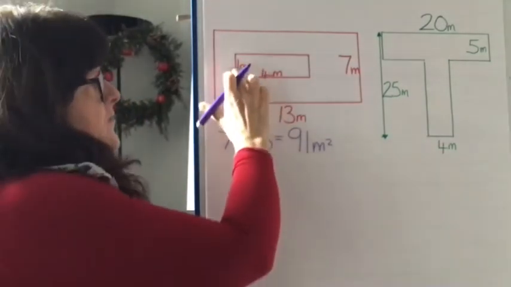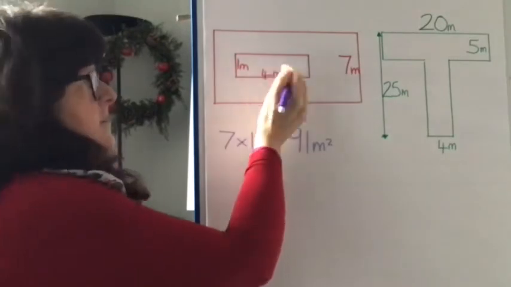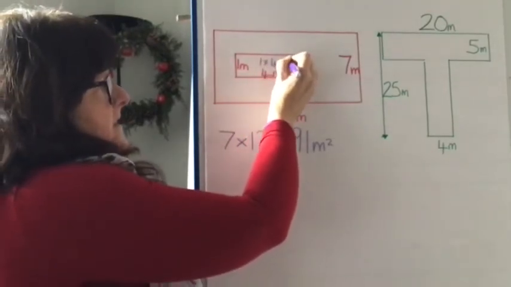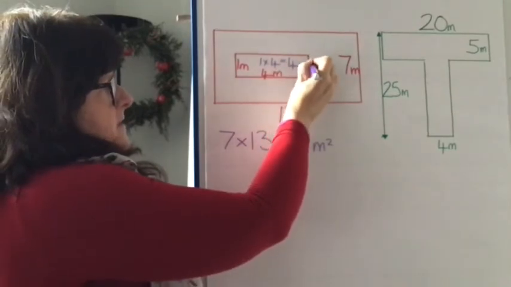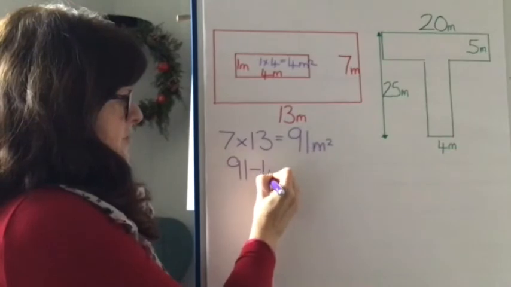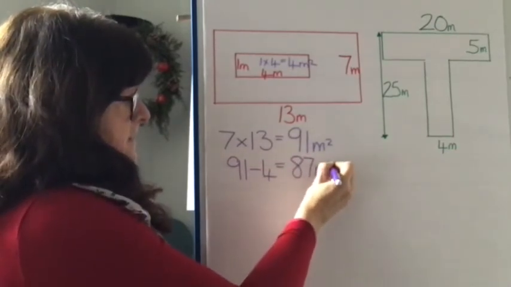We then need to subtract the area of the cut-out section in the middle. So if it's 1 metre by 4 metres, that means it's 4 metres squared. So I would then do 91 subtract 4, which is 87 metres squared.